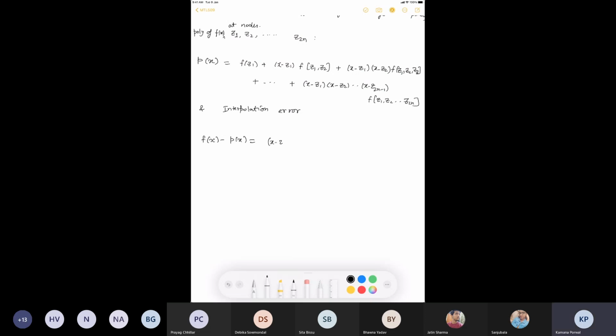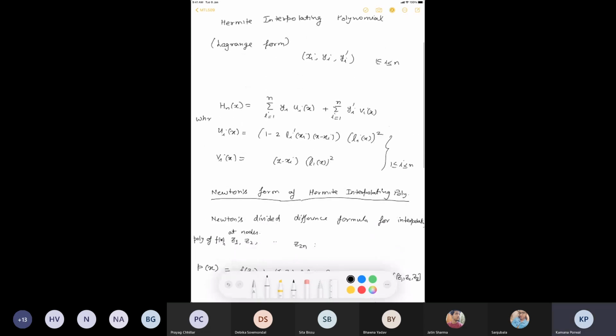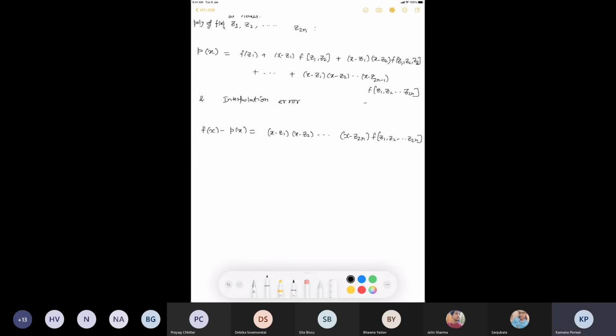So this is (x minus Z1) up to (x minus Z2n) times the divided difference of f with respect to the arguments x, Z1, Z2 up to Z2n. Right? So this is the interpolation error we have if we approximate f(x) at these nodes using the interpolating polynomial. Right? So let's give it equation numbers. Let me call this 1, this is 2 and this is 3.